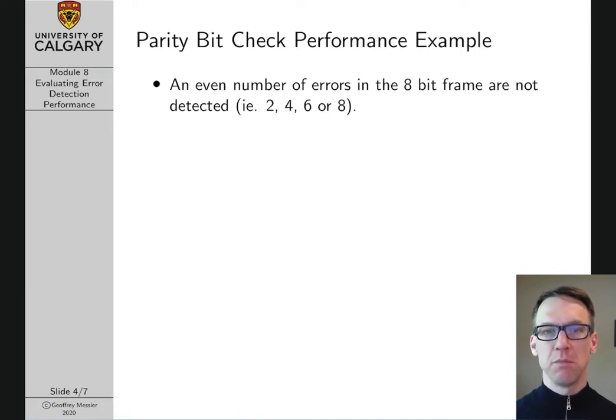for our parity check, our parity bit error checking or detection scheme. So in our previous module, we considered an 8-bit very simple frame with a 7-bit payload and a single parity bit checksum. And we know that this scheme fails if it experiences an even number of errors.